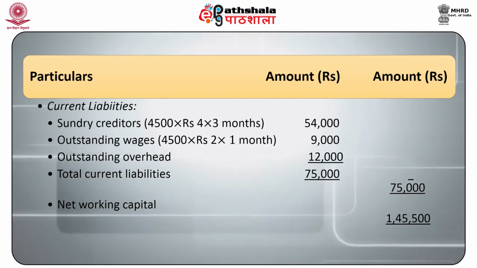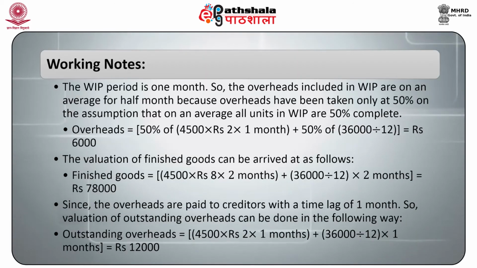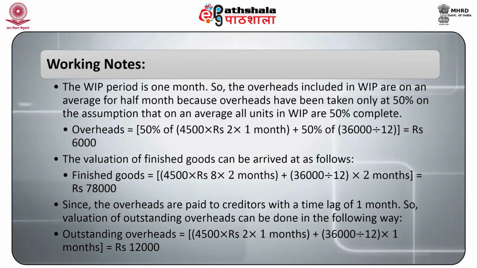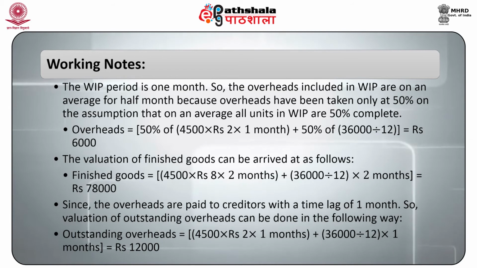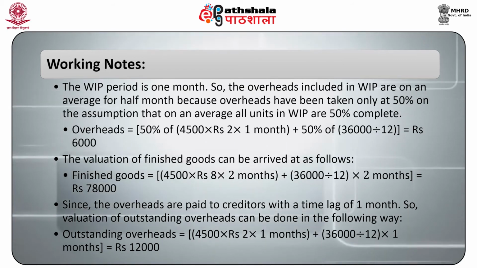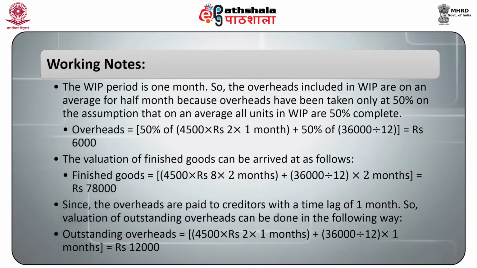This all would give us the net working capital. There are some working notes for this also. The work in progress period is 1 month, so the overheads included in work in progress are on an average for half a month, because overheads have been taken only at 50% on the assumption that on an average all units in work in progress are 50% complete.